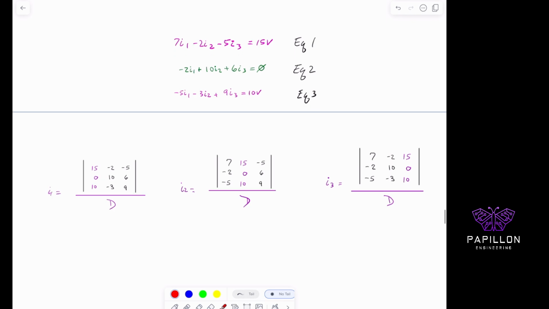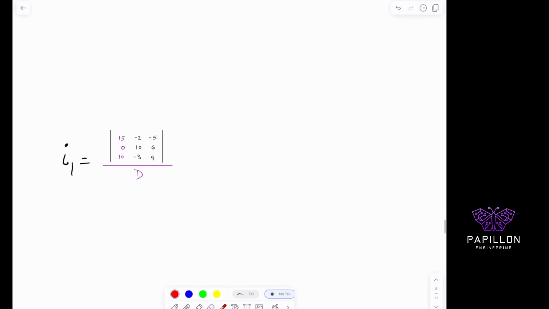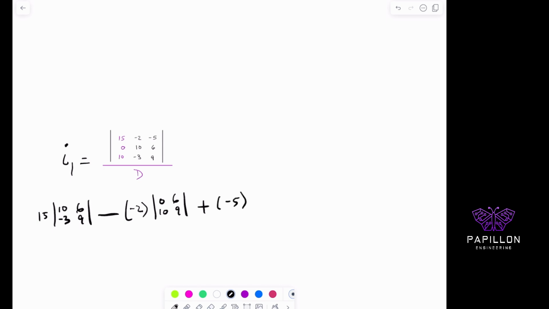So let me just go ahead and take the lead for I1 for you. And feel free to pause and try this on your own to make sure you get the practice down. It works out well if you get a chance to work on this, right? Okay, so this is how you set up to solve for I1, right?